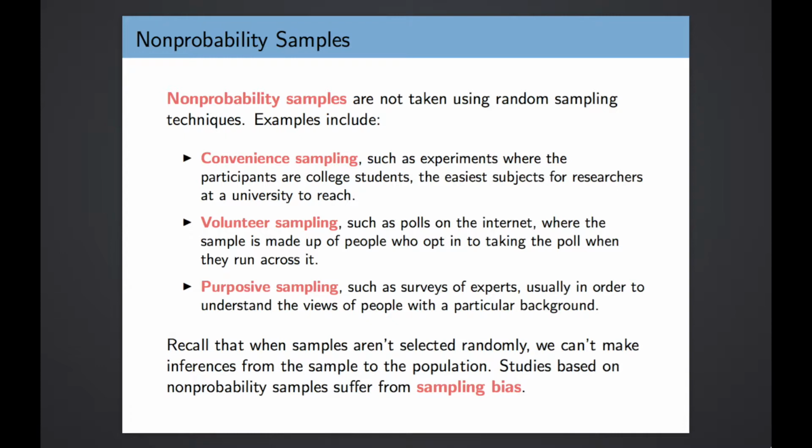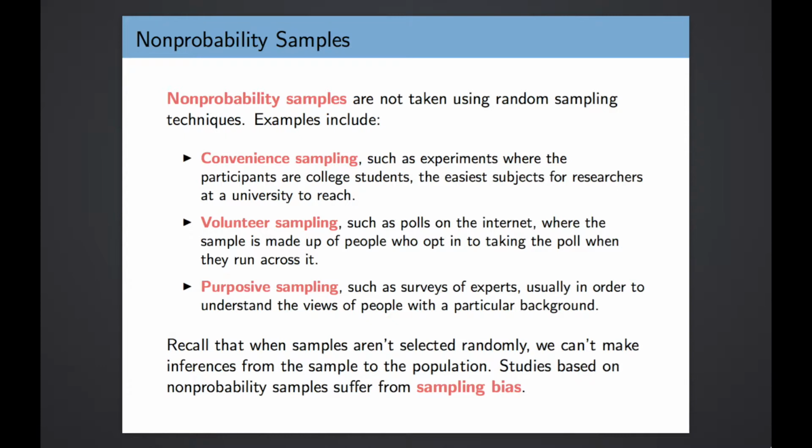The researcher seeks out a particular group of people with particular characteristics and just asks them to answer the survey questions. So for example, an expert survey is a purposive sample where the researcher is trying to understand the views of experts, people with a particular background in a subject matter that the researcher is interested in.